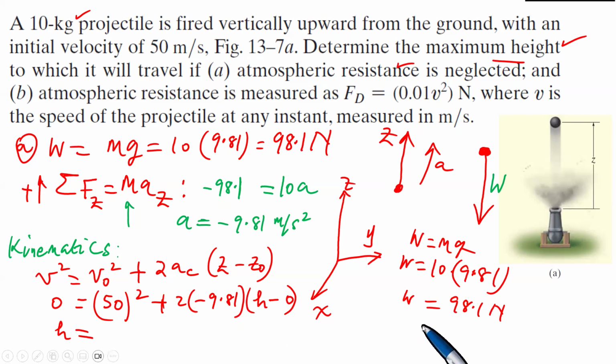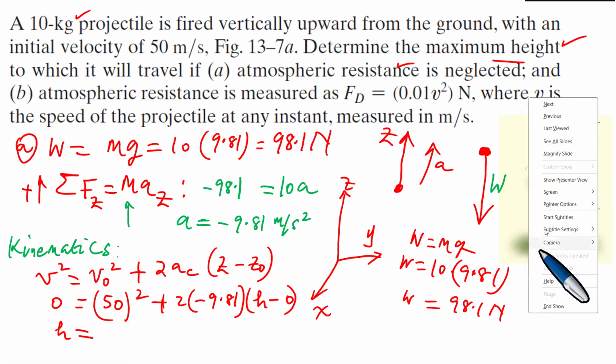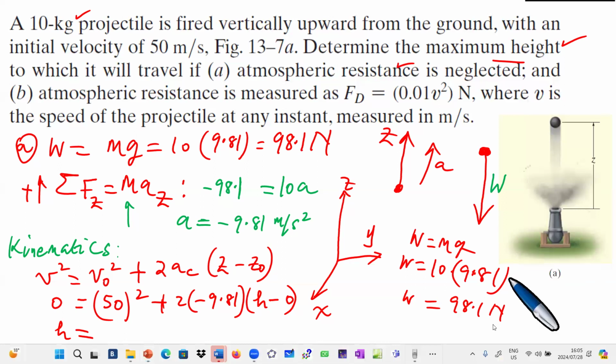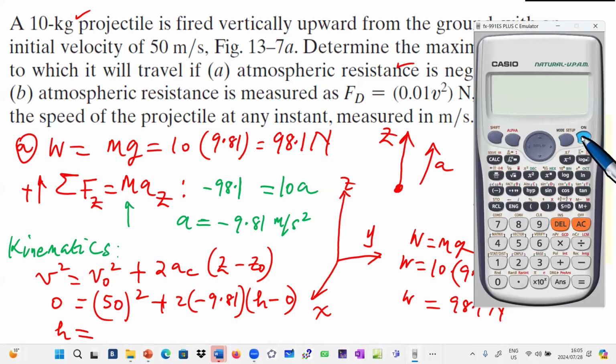Then we use our calculator to compute the final result. We want to solve for the maximum height that is reached by the projectile, so I'm launching a calculator. Now, let's do this together. We take this 50 squared and move it to the other side, making it negative 50 squared.